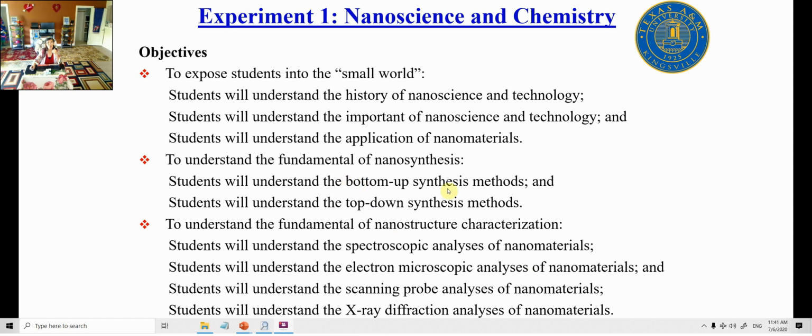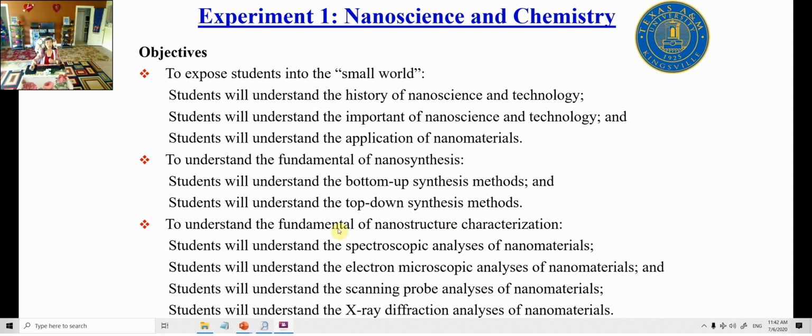Bottom-up synthesis refers to starting from the atomic or molecule level to prepare the nanomaterials based on your end application. Top-down synthesis is related to removal or reconstruction of your existing macro-scale materials by different approaches into smaller sized materials. The very last point is about characterization.